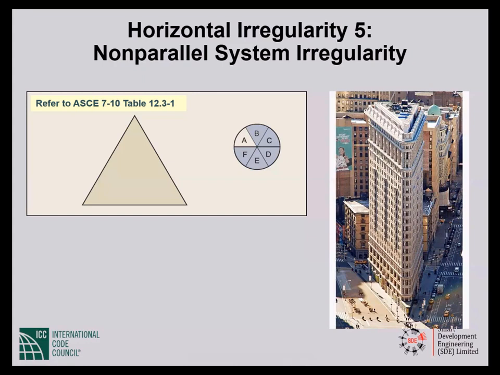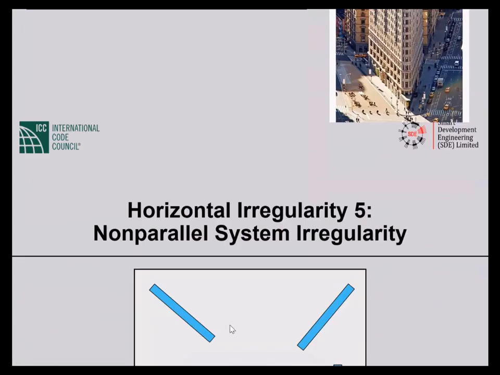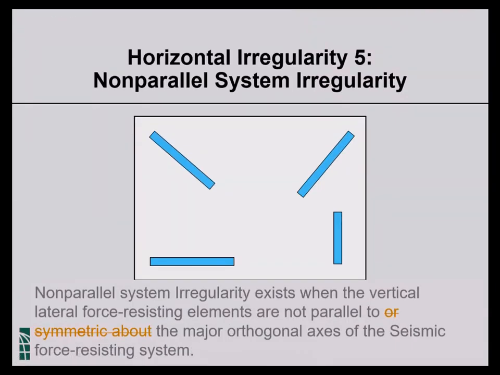The final horizontal irregularity type 5 is non-parallel seismic force resisting systems. Okay? And this is a San Diego building that is almost a direct translation of this plan shape. Now, the definition says non-parallel system irregularity exists when the vertical lateral force resisting elements are not parallel to or symmetric about the major orthogonal axis of the seismic force resisting system.